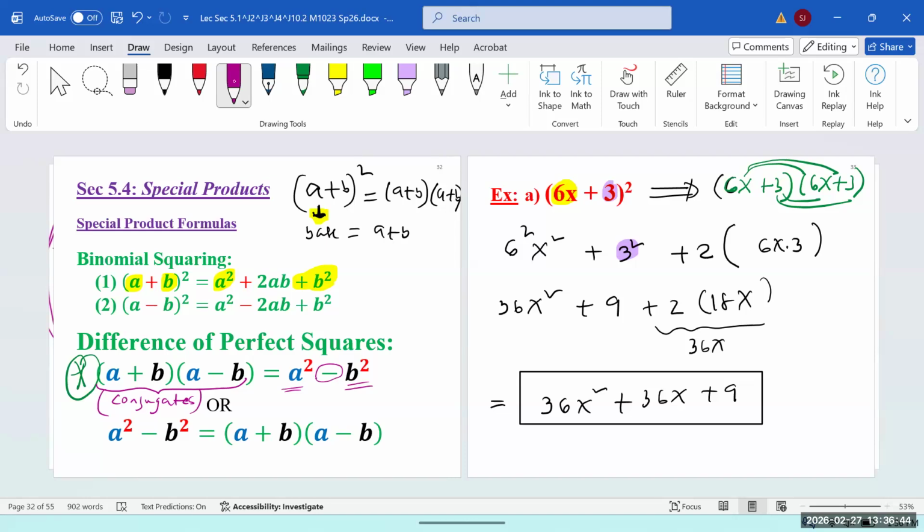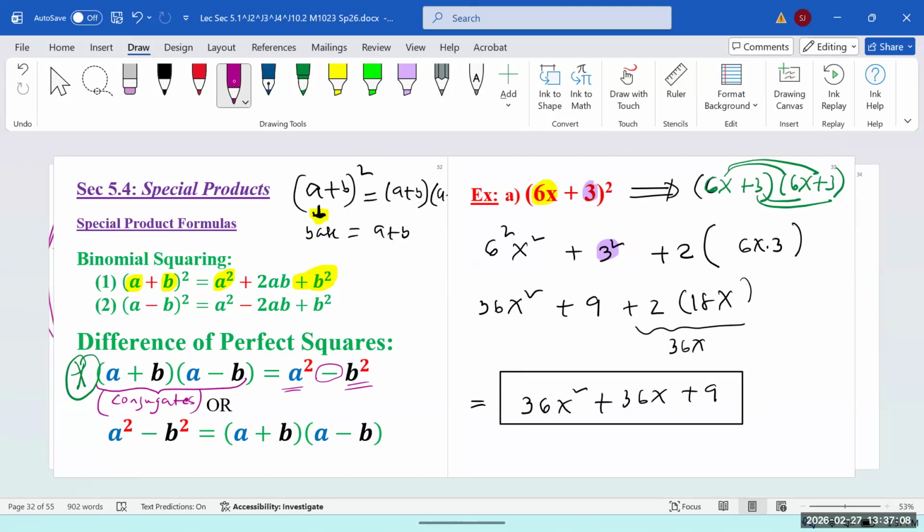What factors do we get? Two conjugates. The bases, you add them, times you subtract them. That's the factors. So we are going to go backward from right side to the left side in chapter 6. In chapter 5, we are multiplying the conjugates and get the difference of perfect squares. Clear?